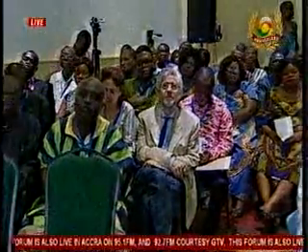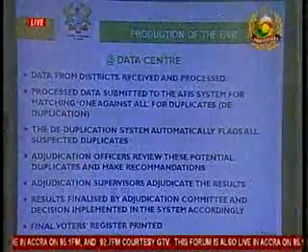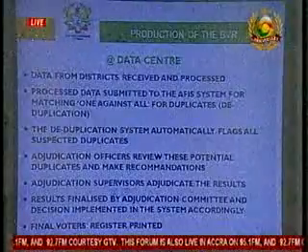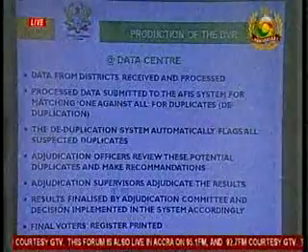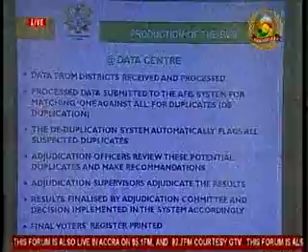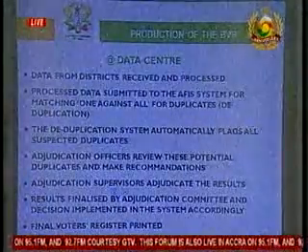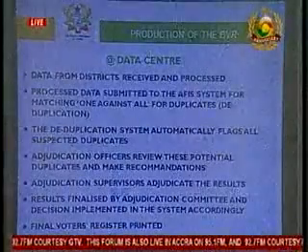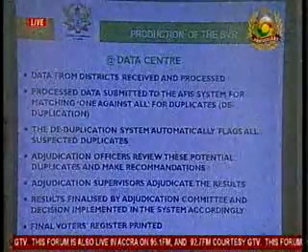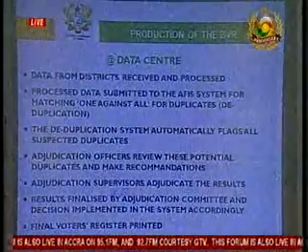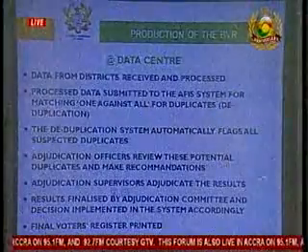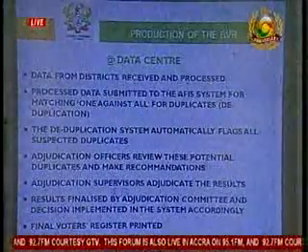When it flags them, adjudication officers will review these potential duplicates and make recommendations. Then the adjudication supervisors check the results of the recommendations made by the officers. Then these results are finalized by the adjudication committee, and the decision is implemented in the system accordingly before a final provisional register is printed.